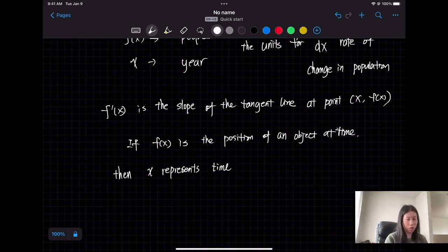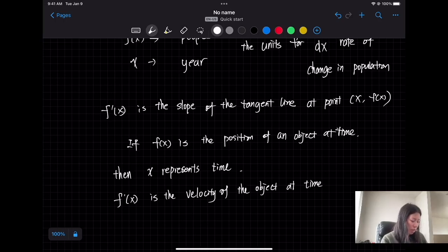So what will f prime be? In that case, f prime is the velocity of the object at time x.